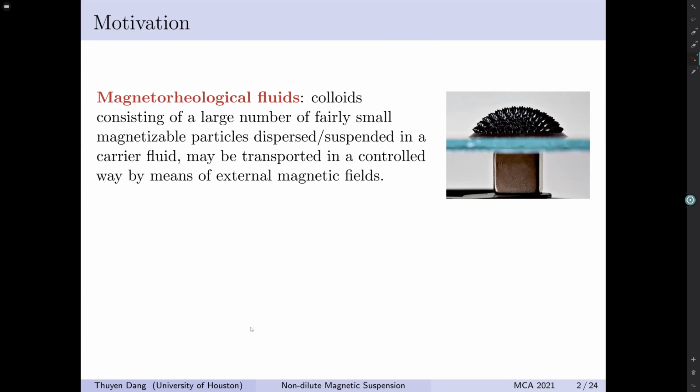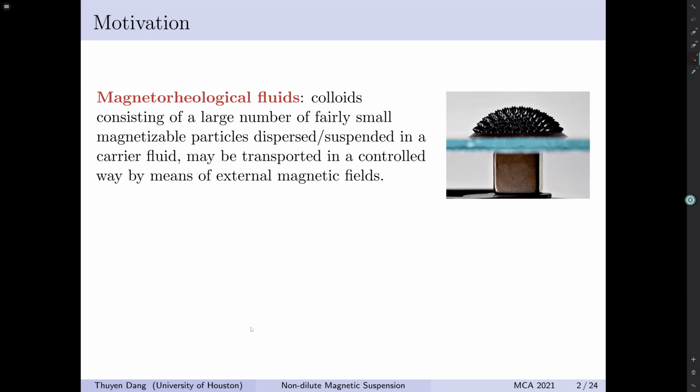Magnetorheological fluids are colloids consisting of a large number of fairly small magnetizable particles which are suspended in a carrier fluid. Therefore, we can control the movement of those fluids by means of magnetic fields. A typical example is ferrofluid.